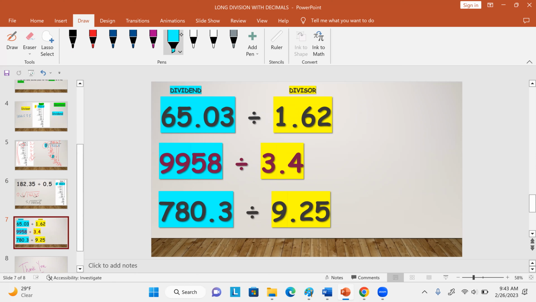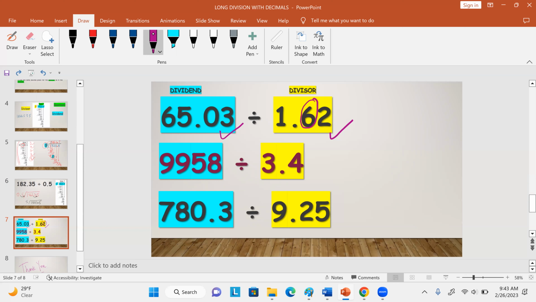So here we have the divisor as 1.62, the dividend is 65.03. So what we'll do here, again, we want our divisor to be the whole number, so that number without a decimal. So how many digits we have after the decimal? We have 2 digits, 6 and 2.